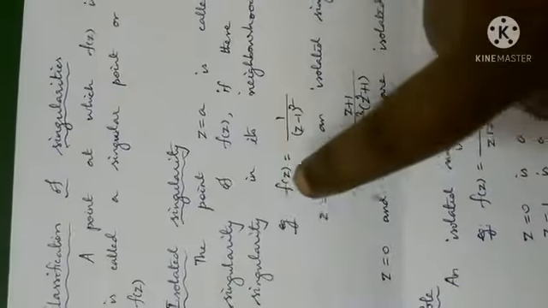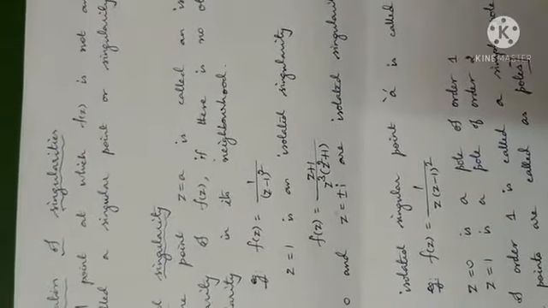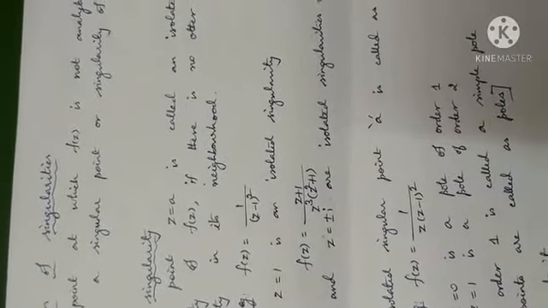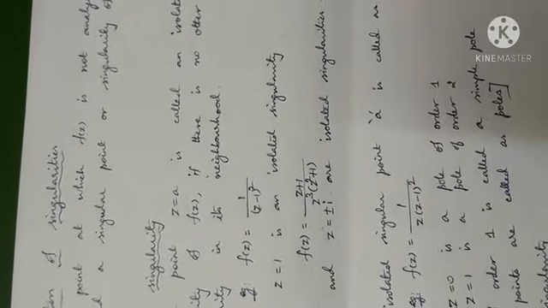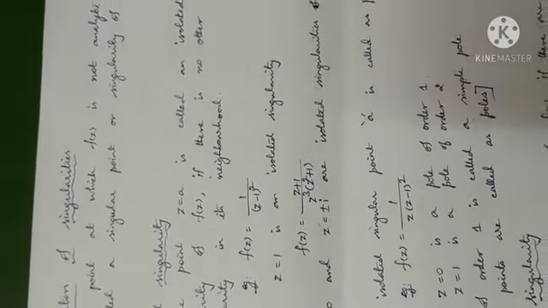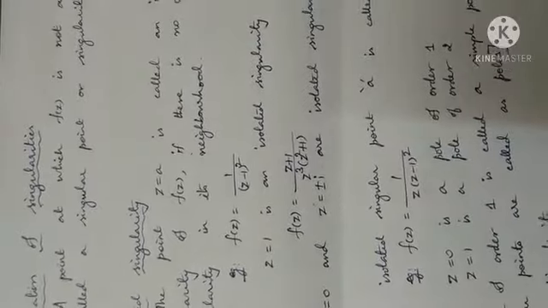Okay, the point z equal to a is called an isolated singularity of f of z if there is no other singularity in its neighborhood. So z equal to 1 is a singular point. In the neighborhood of z equal to 1, you cannot find any point where the function is not analytic. Okay, such a singularity is said to be an isolated singularity.